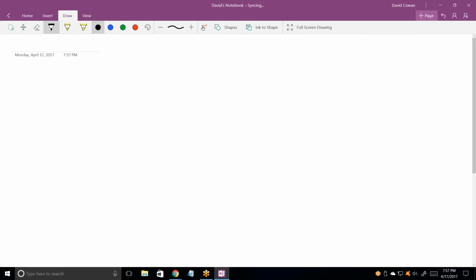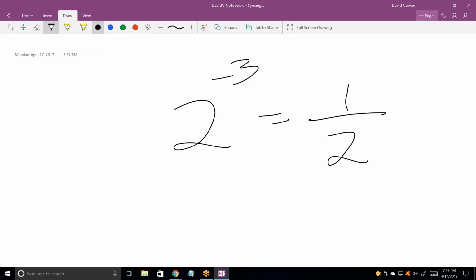Tell me what this is. First translate it to a positive exponent. What is it if I'm going to write it with a positive exponent? 1 over 2 to the third. That's what negative exponents mean. And that is 1/8 also.